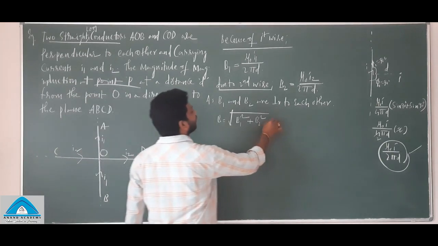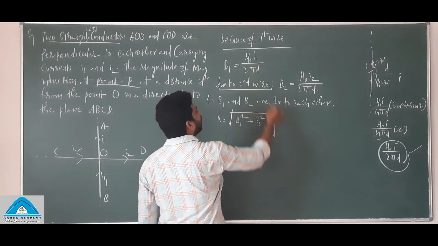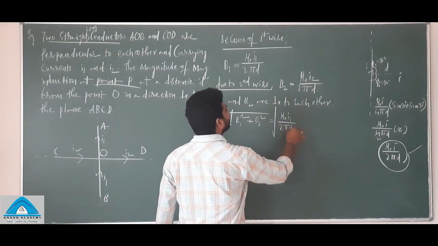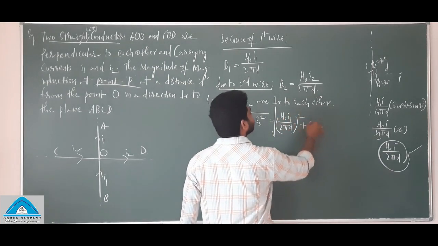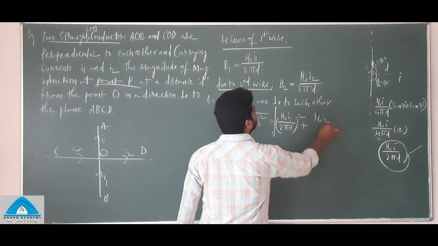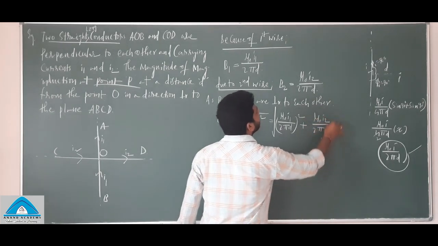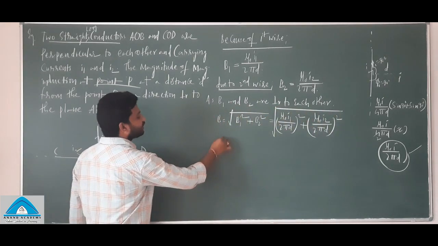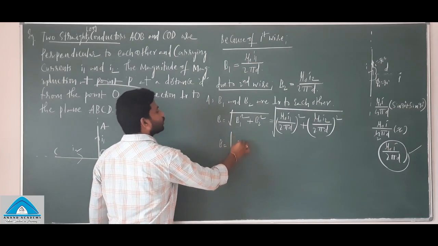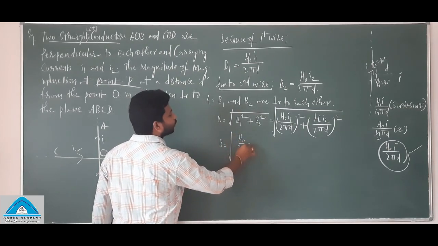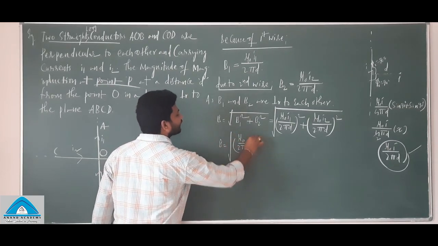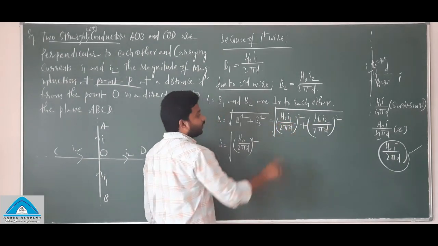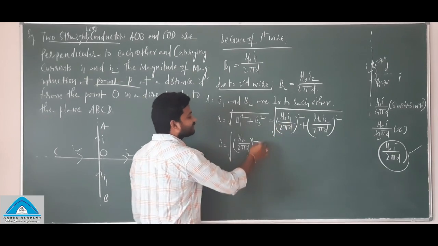Alright. So what is B1 square? B1 square is (mu naught I1 by 2 pi d) whole square, plus (mu naught I2 by 2 pi d) whole square. Okay. So B is equal to square root, and mu naught by 2 pi d whole square can be taken common, because mu naught I1 is different, I2 is different. Only mu naught by 2 pi d whole square is taken common.